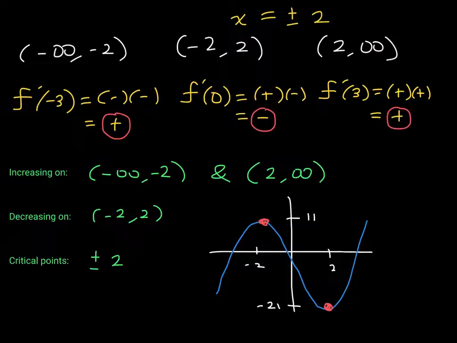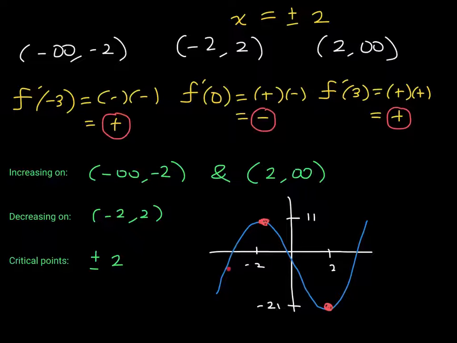Just in case it's helpful to see a picture, this is the graph of our function, the cubic function, and -2 and 2 were our critical points. And notice that from -infinity to -2, we are increasing, right? Just like we had said.